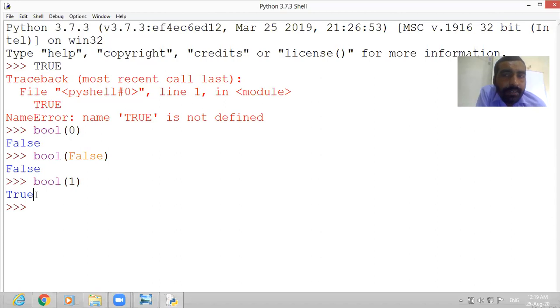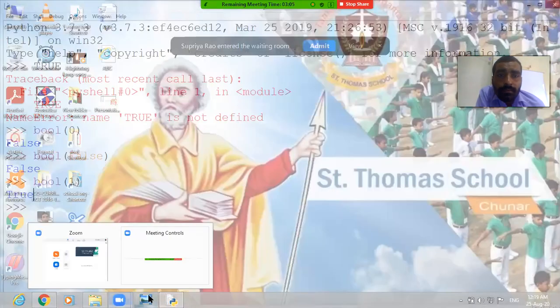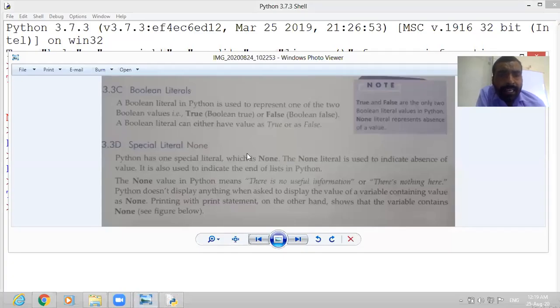Is it clear? Any problem to anyone? So that's what a Boolean literal is. A Boolean literal in Python is used to represent one of two Boolean values, that is 1 true and 0 false.